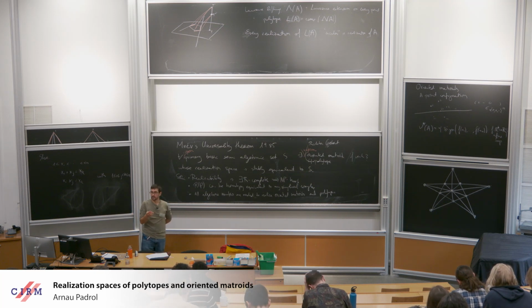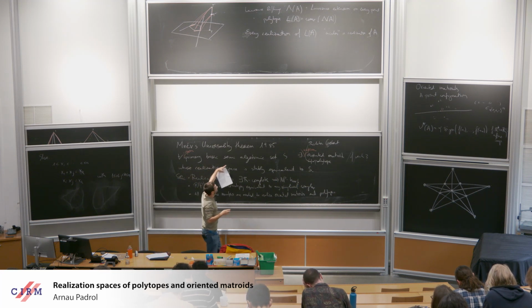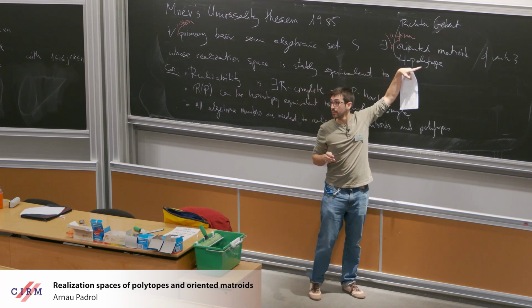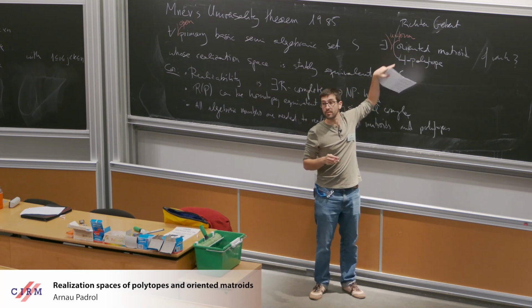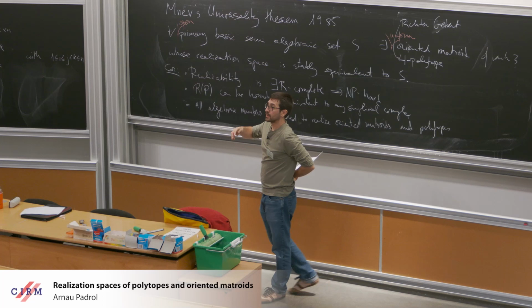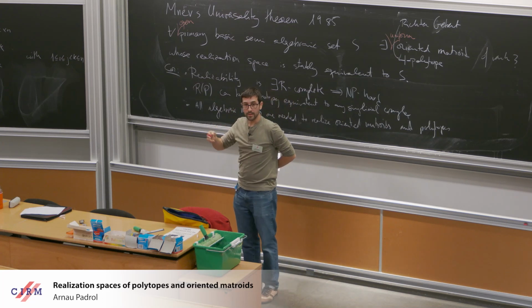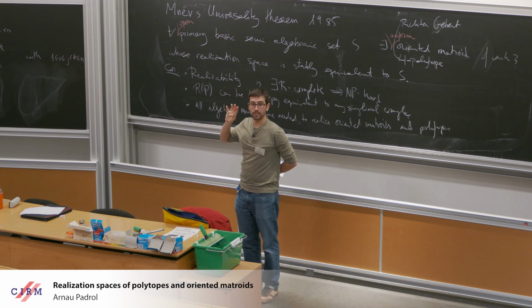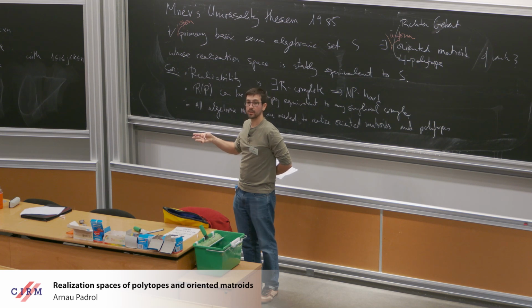And here's something that does not work: you take Mnëv's universality theorem for uniform oriented matroids. So you find an oriented matroid which is uniform, in general position, that has your desired realization space. And now you want to turn this into a polytope, so you apply the Lawrence construction.